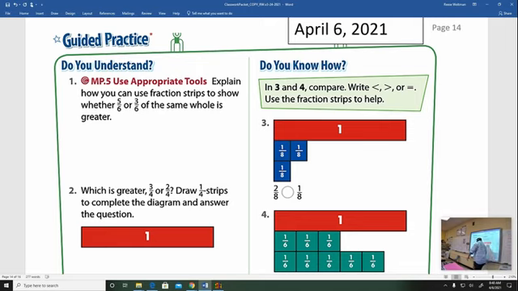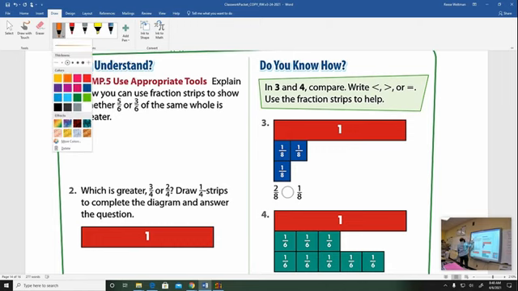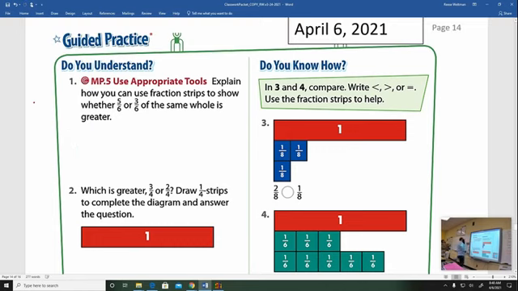Okay, so let's take a quick look at these. First one says, explain how you can use fraction strips to show whether 5/6 or 3/6 of the same whole is greater. Who can tell me?